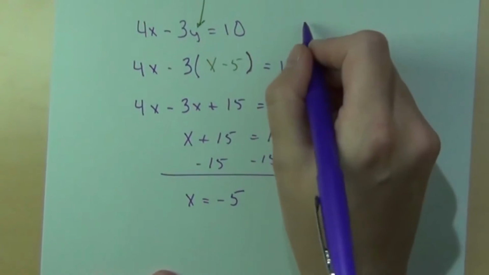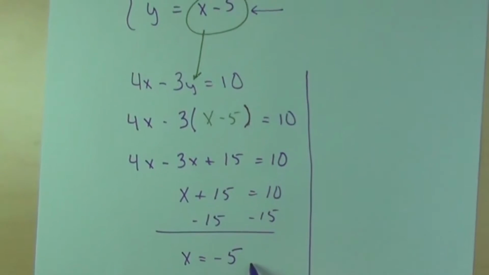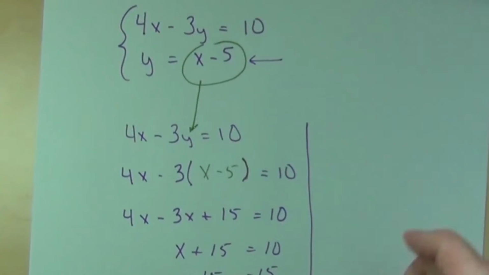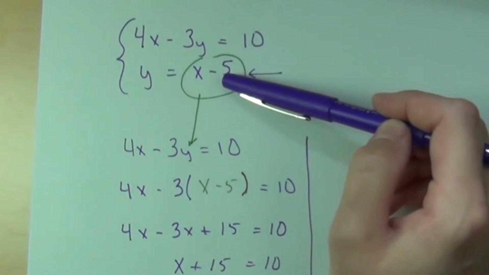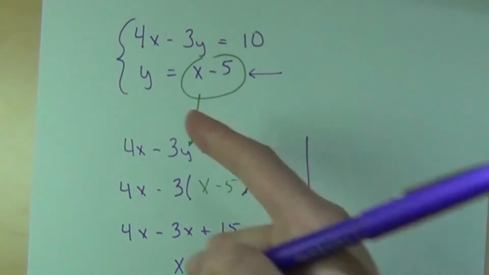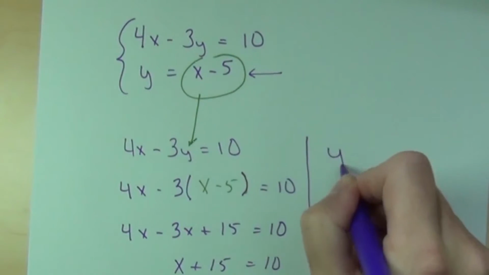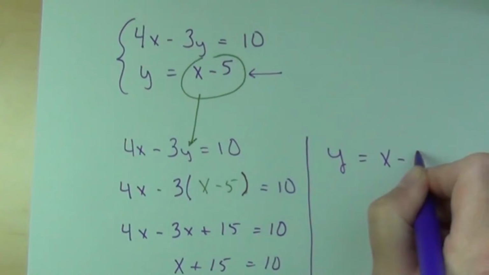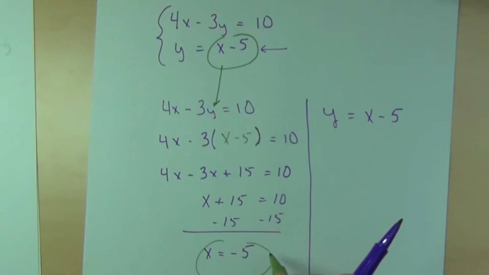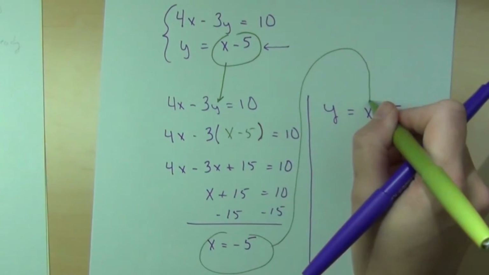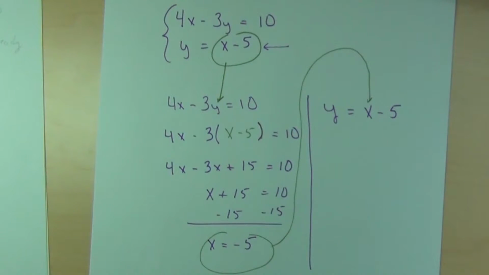and y. So now that we know what x is, we can substitute into either one of our original equations. It doesn't matter which, but I usually pick the one that I think looks the easiest. We're looking for y, and this equation is already solved for y, so why not use that? So then we take this x equals negative 5 and substitute it into the second equation.